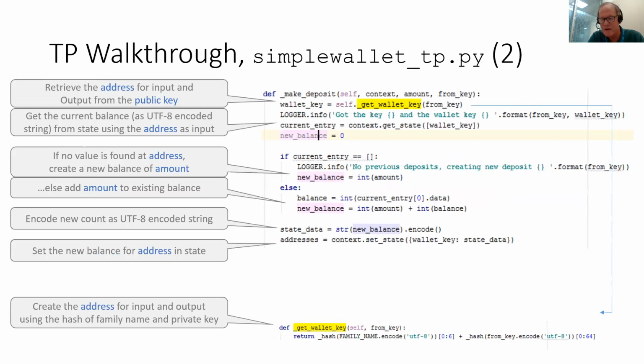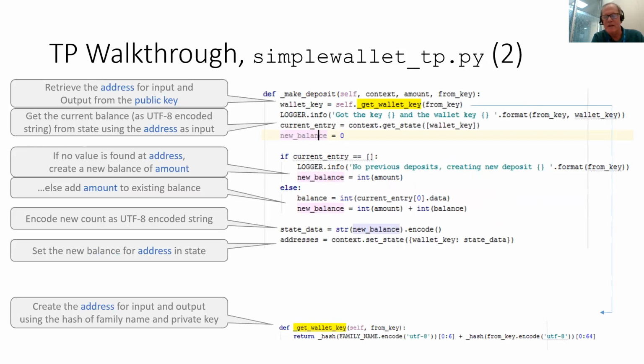They're just integers, but you could have something more complex. But in this case, they're just strings of integers, and we decode that string and convert it to an integer, and we add on the amount that we're depositing, and that's the new balance. Then we encode that new balance, and then we get the address, which is the same address that we read from.